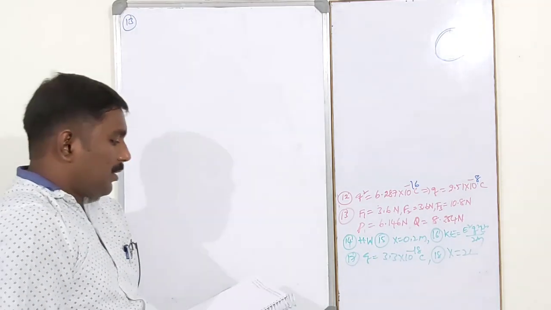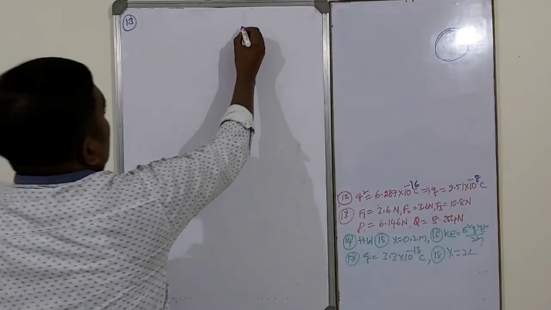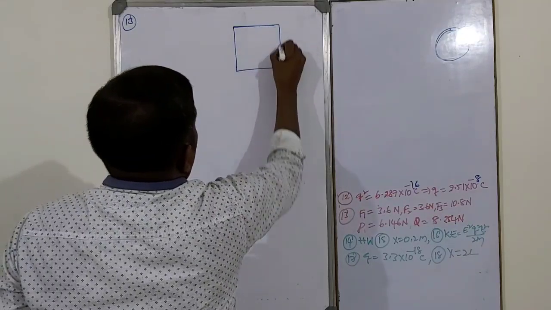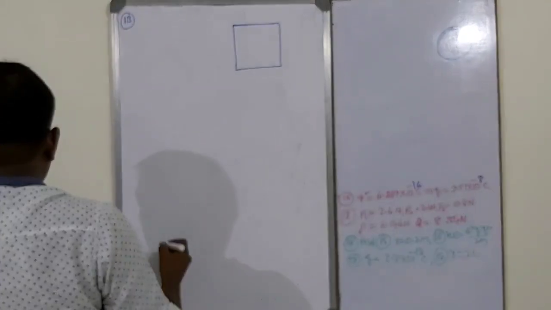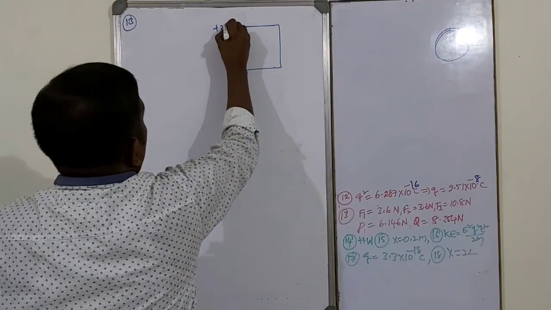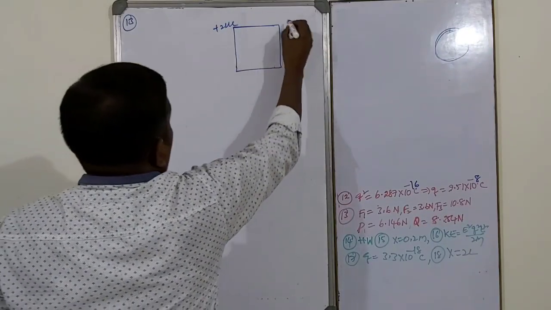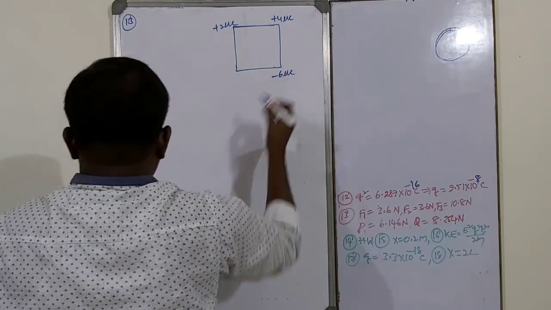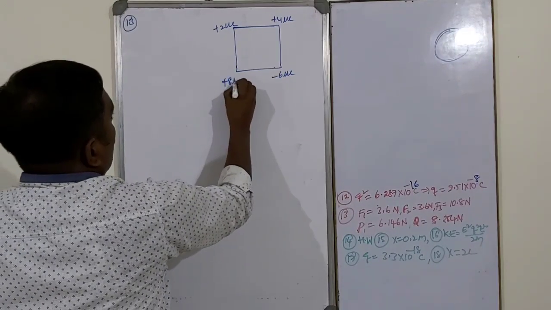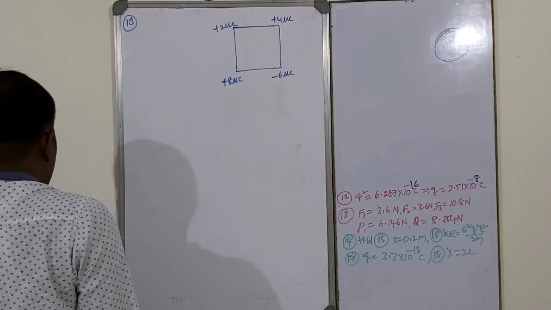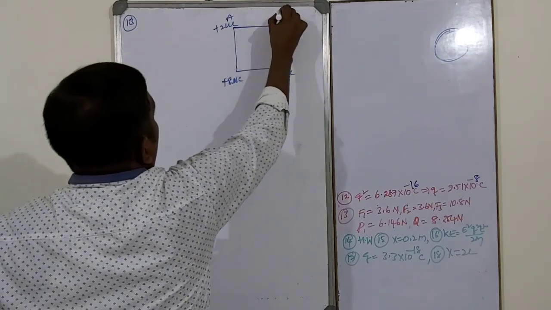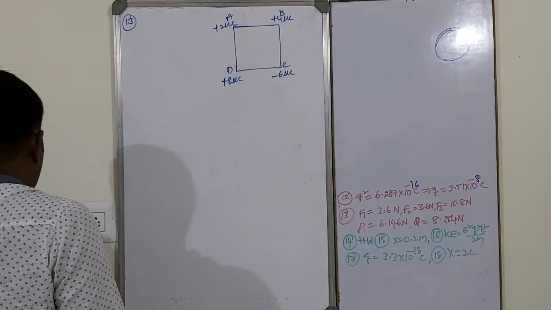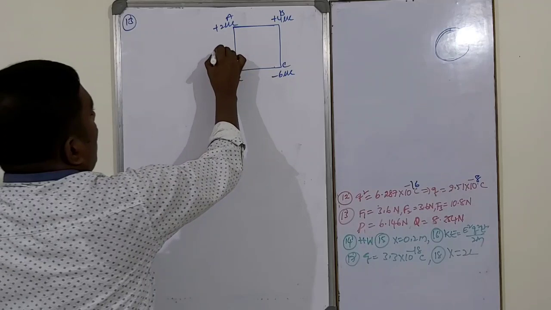Point charges of +2 microcoulomb, +4 microcoulomb, -6 microcoulomb and +8 microcoulomb are placed at the corners A, B, C, D respectively of a square ABCD of side 0.2 meter.